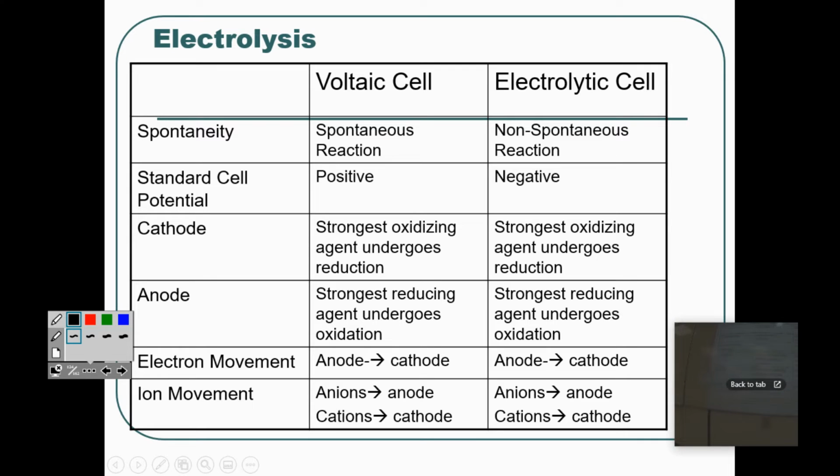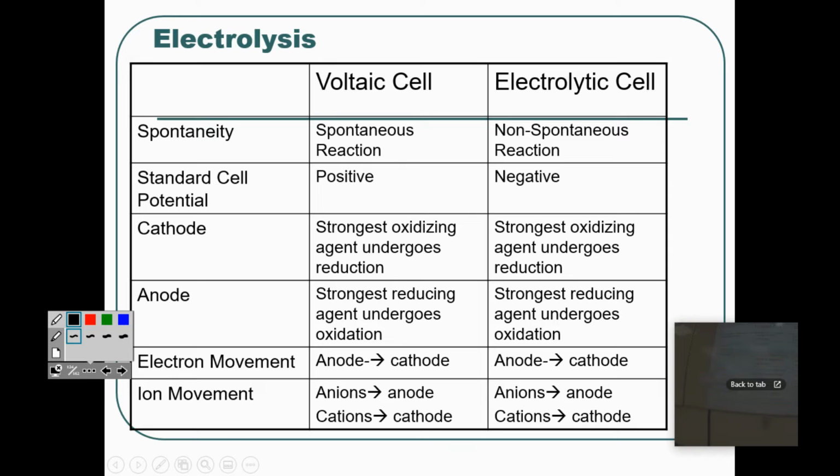Okay, they're not changing here. We are forcing electrons to go from the anode to the cathode, but electrons do go from the anode to the cathode in both. The anions move towards the anode in both, and so forth. So everything is the same throughout, other than the spontaneity of the reaction.